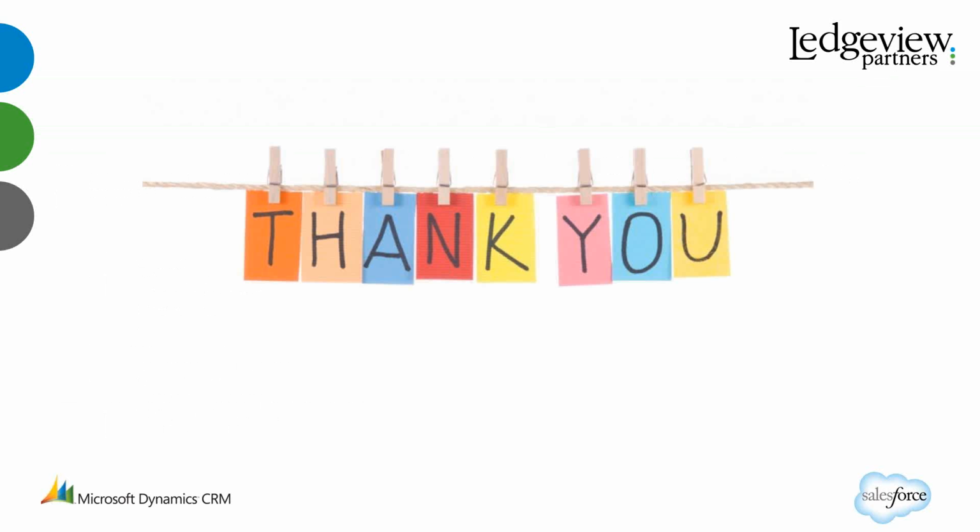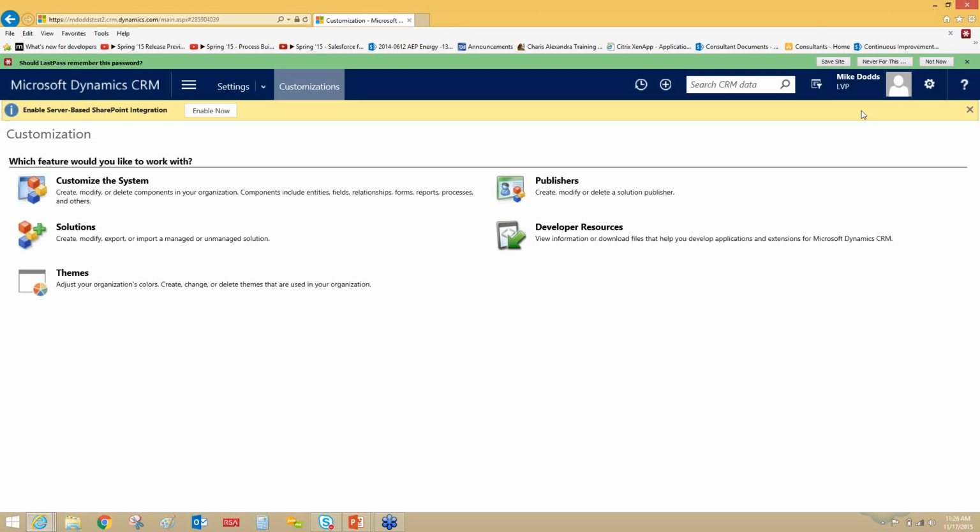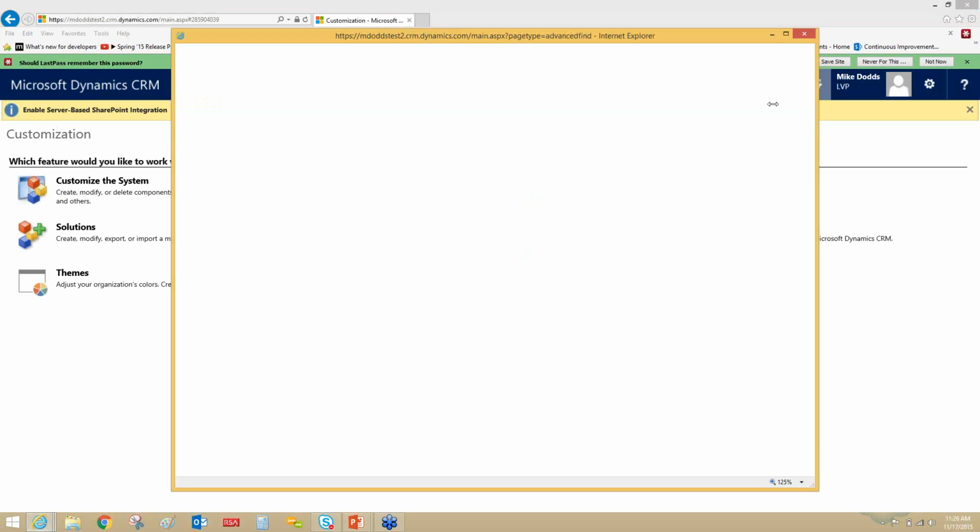Our next question is, for Advanced Find, can not conditions be added in the new version or as a planned future? You can definitely use not. For example, you can set the owner to not equal a specific user. I'm actually going to jump back to our Advanced Find and give you an example.